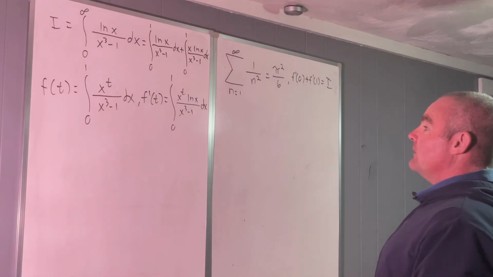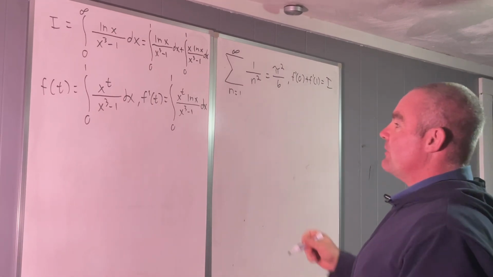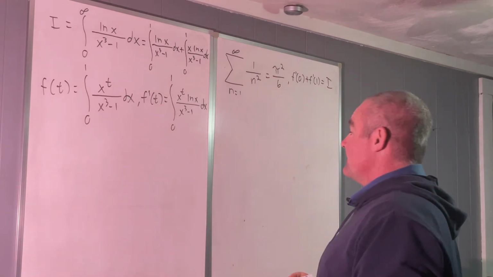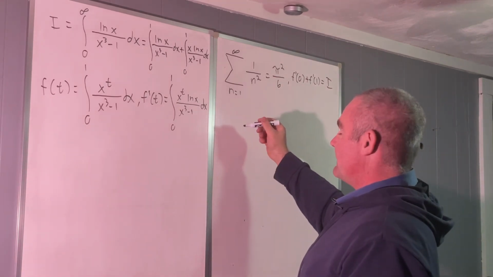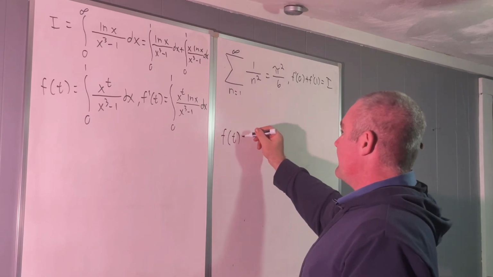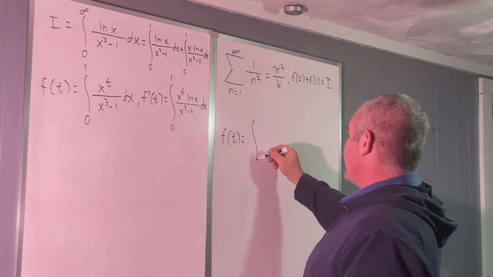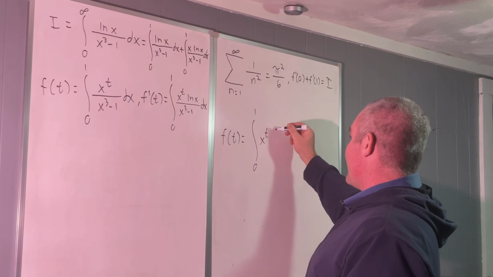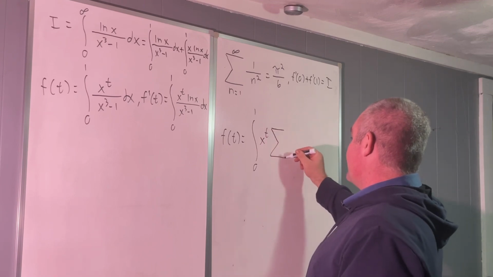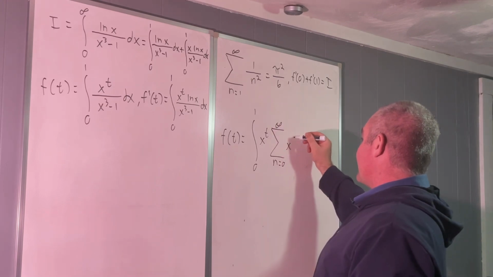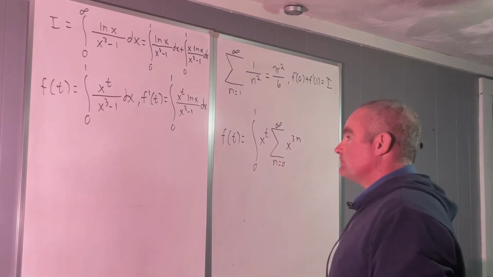Okay. So next what we want to do is find a different way to represent our f of t. So let's see. f of t could be written like this. We could say that that's the integral from 0 to 1 of x to the t times the sum as n goes from 0 to infinity of x to the 3n.